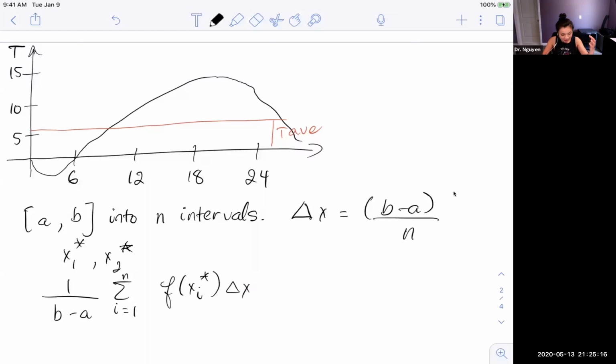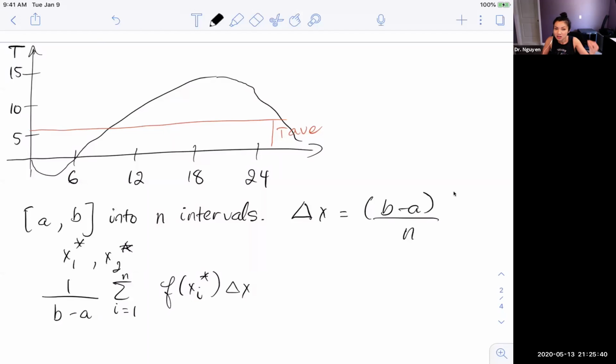So let's say I want the f function to represent the temperature and n to be 24. That means I take the reading every hour. Or I can say, okay, I'm going to take the reading every minute, or every second, and then we average it.